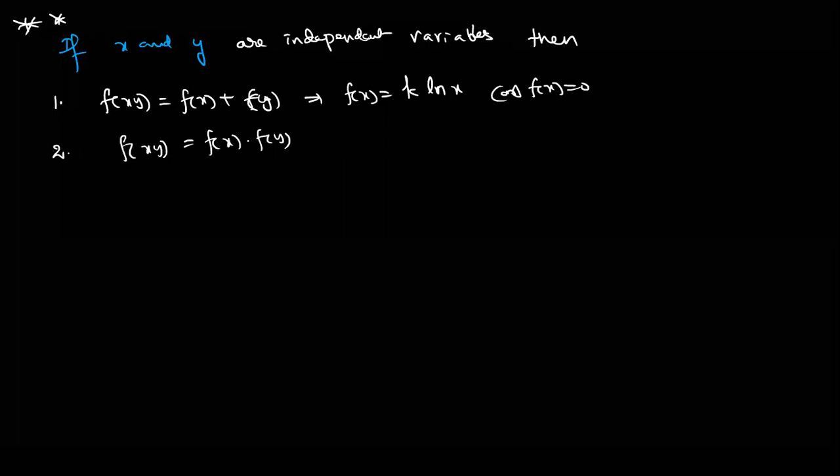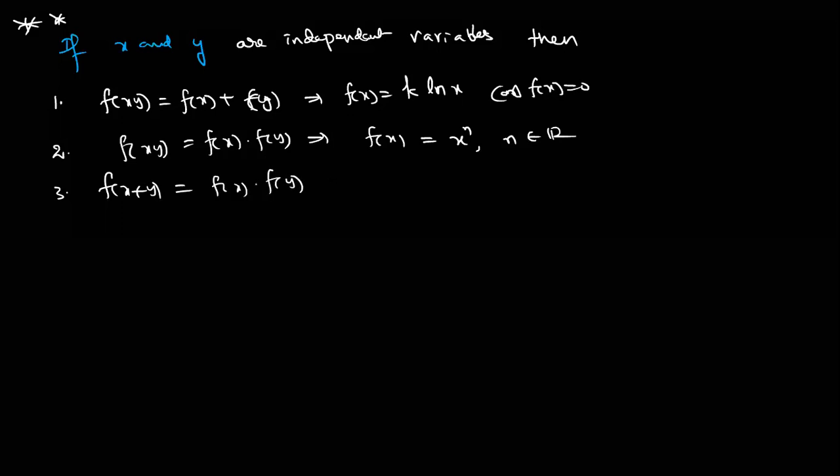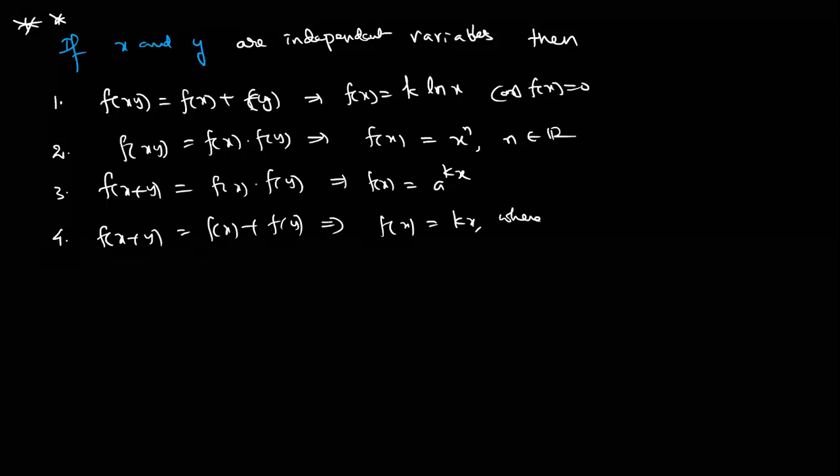Okay, some important results. f of x is equal to x power n satisfies f of x plus y is equal to f of x into f of y. f of x is equal to a power kx, where k is a constant, satisfies f of x plus y is equal to f of x plus f of y.